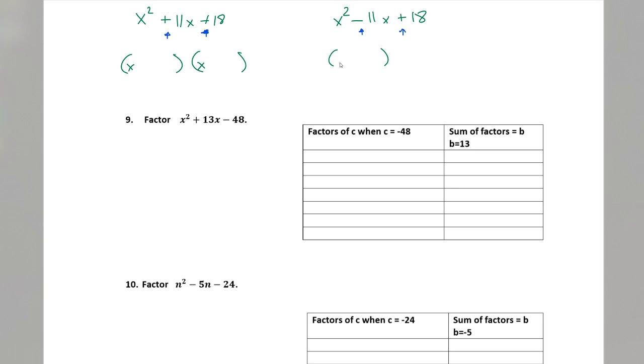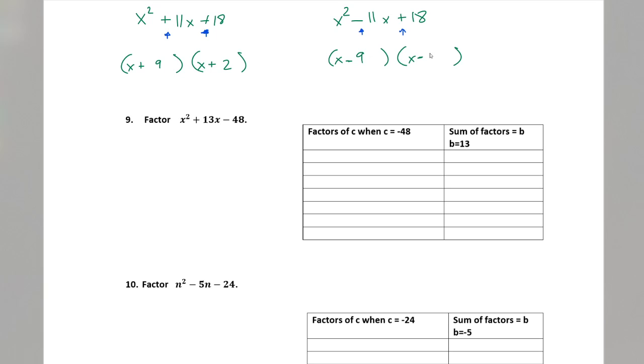And then the second term helped us determine if it was positive or negative. Think about that, because a positive times a positive gives us a positive, and a negative times a negative gives us a positive. But we can't add two positives together to get a negative, and we can't combine two negatives to get a positive. So that's how we knew if it was a positive situation or a negative situation.